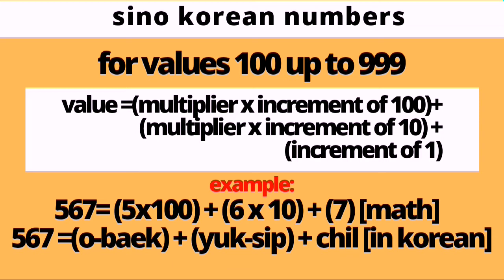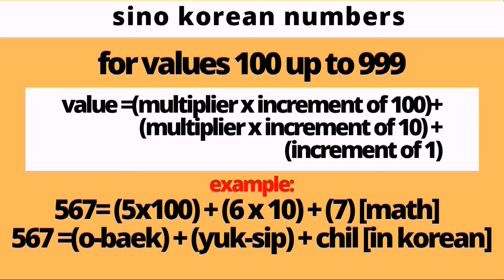So let's try to apply this formula by looking into this example. So the value is 567. And so this could be divided into 3 parts. The part with increment of 100 or the 100 place, the part with the increments of 10 or the tens place, and the increment of 1.